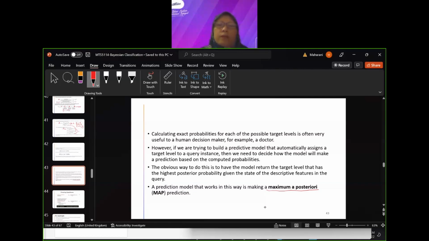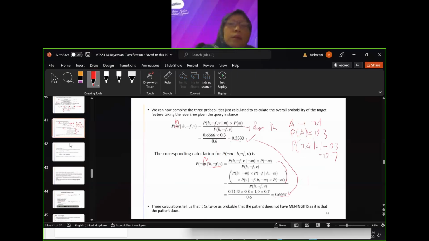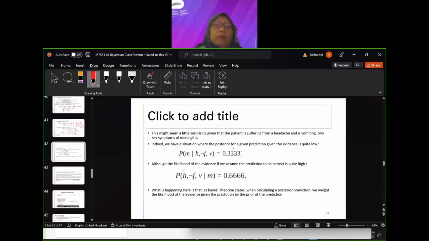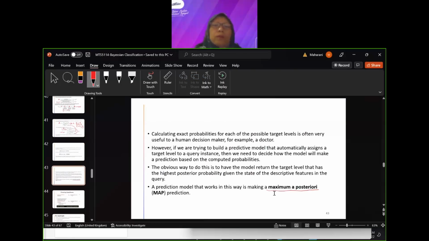So we have another definition, called the MAP, maximum a posteriori. You know the posterior on the left side, this one. This is called the posterior, I already mentioned before, right? So we want to make this one maximum. Therefore, we use the definition maximum a posteriori.